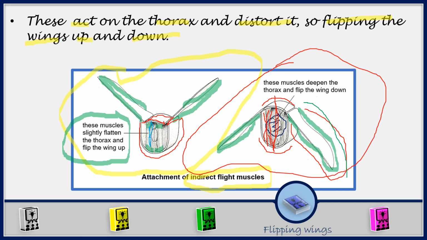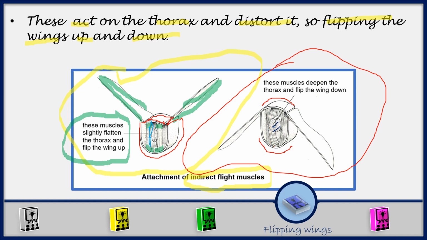That's why you are seeing our wings moving downwards: because the longitudinal muscle, the one in the middle, is contracting, and the muscles touching the roof to the bottom are relaxing.